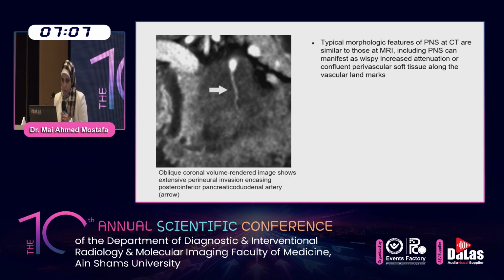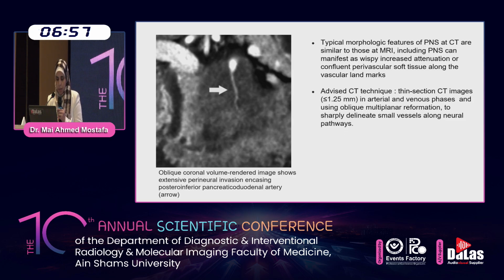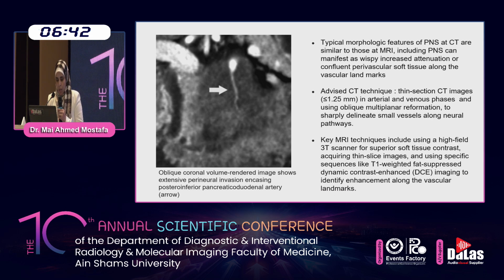Typical morphological features of perineural spread, similar to MRI, include increased attenuation or signal intensity or confluent perivascular soft tissue along the vascular landmarks. Advised CT technique is thin cut CT in axial, arterial and venous phases with oblique multiplanar format, to sharply delineate the vascular landmarks.